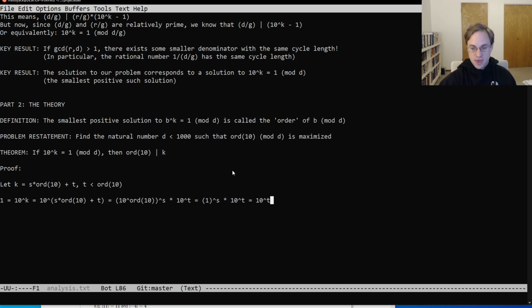And so you'll notice that this appears to also be a solution to our equation. That is, we'll just add mod d at the end: 10 to the t is congruent to 1 mod d. But obviously we've already assumed that t is less than ord 10, and so we know that t can't be a positive solution to this equation. It has to be equal to 0.